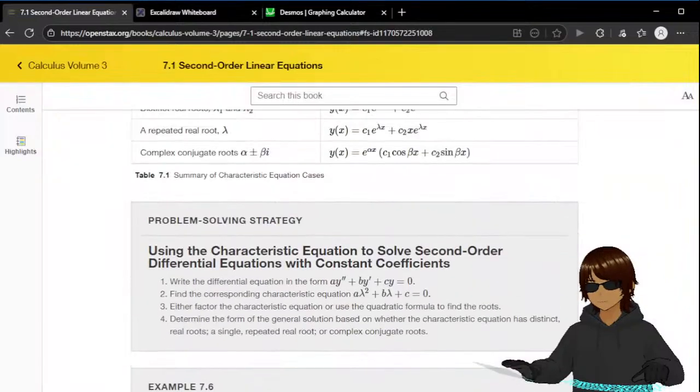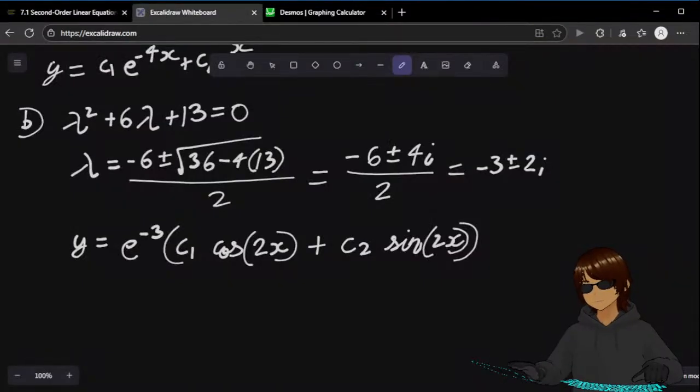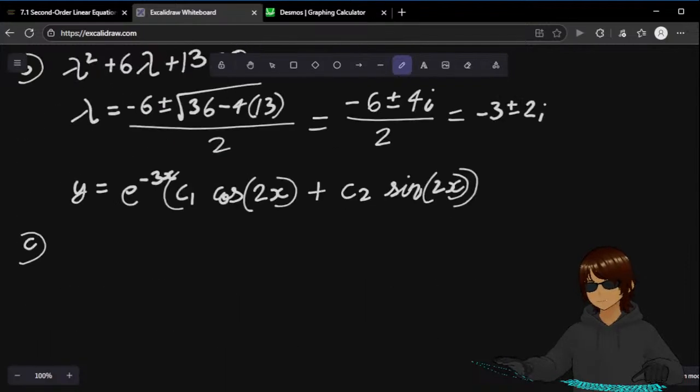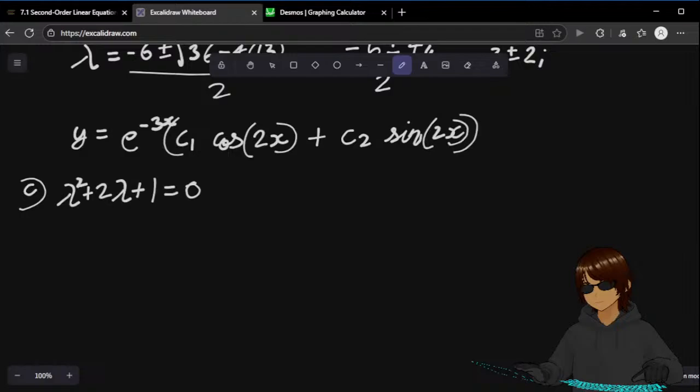Do I have to write x on top? Yeah, I do. C1, 2, 1. Lambda is equal to minus b plus minus the square root of b square minus 4ac over 2a.